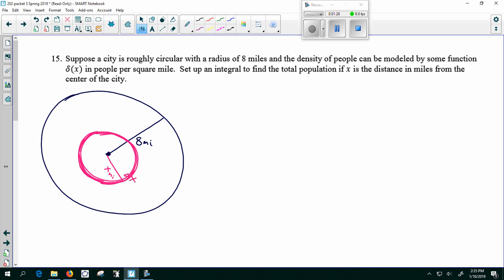So the population of the little slice I drew there is going to be the density of the slice, because that's people per square mile.